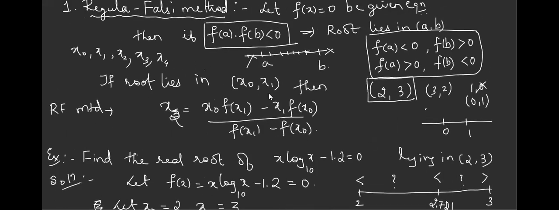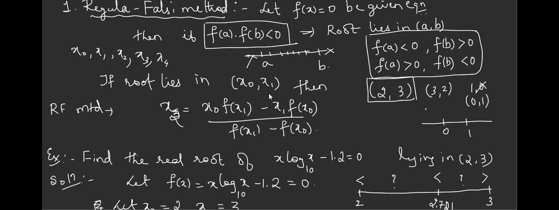Just see, if I choose the interval 2 to 2.721, the product of f of 2 and f of 2.721, according to this property, should be positive or negative? Negative. Always this should be true. This property has to be checked every time.